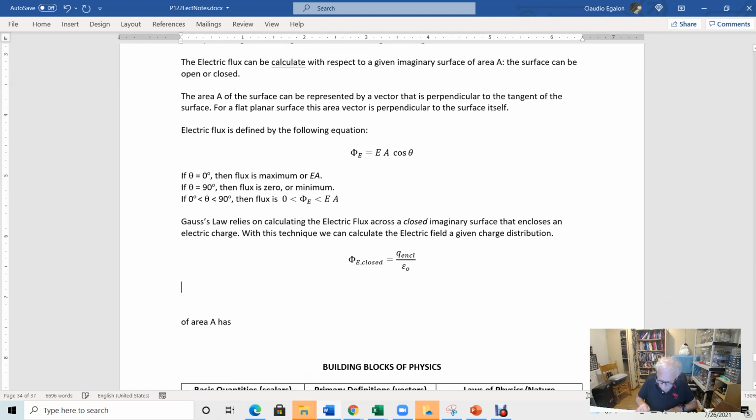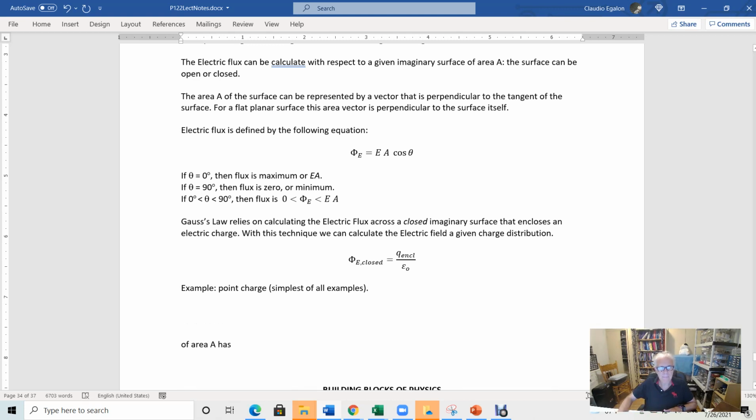Let's do an example. Only by doing examples are you going to understand how to use Gauss's law. We start with the simple example: point charge, the simplest of all examples. Find the electric field of a point charge using Gauss's law.